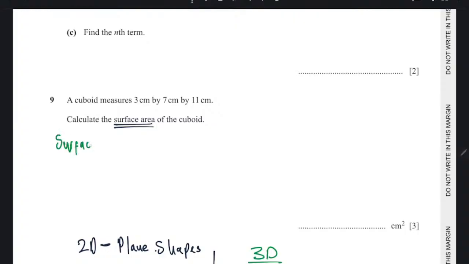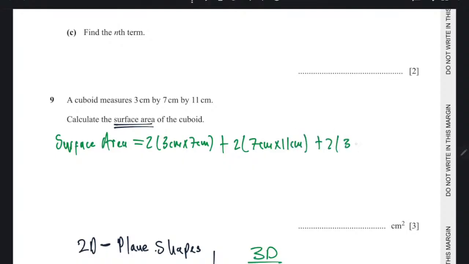It means I'm getting areas of plane shapes. Which plane shapes? The faces. So it's 2 of 3 centimeters by 7 centimeters. This is one face, and there are 2 of them. Then 2 of 7 centimeters by 11 centimeters. Then 2 of 3 centimeters by 11 centimeters. These give us the surface area.